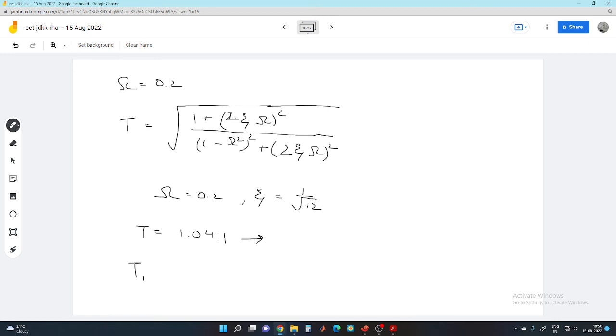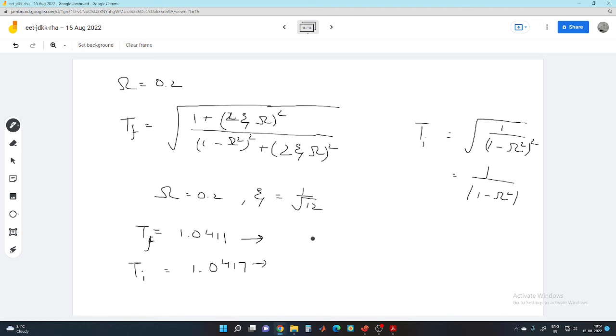Now, if there was no damping, TI would have been 1 upon mod of 1 minus omega square. It would have been 1.0417. So there is marginal improvement, like this is TF and TI. So actually, there is a minor decrease in transmissibility by addition of damping, but it is not significant.